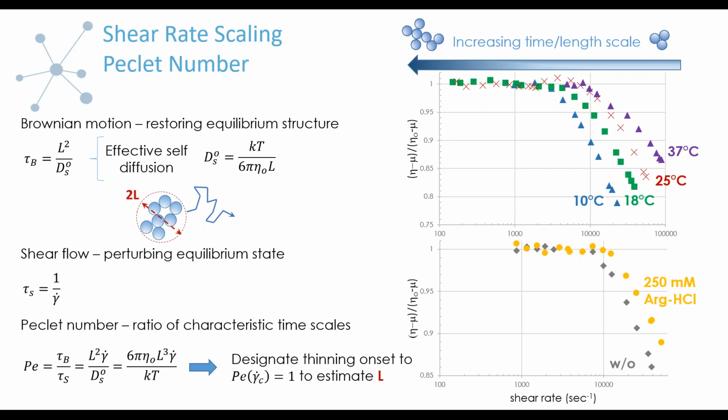So what then is this Brownian or diffusion time scale? Tau sub b is going to be the length scale squared divided by some sort of short time self-diffusion coefficient. So L squared in this case, because as we've mentioned, depending on the specific nature of our system, we can have either primary objects or we can have clusters of objects.